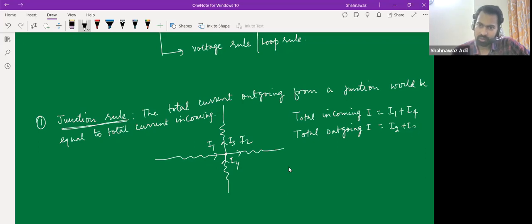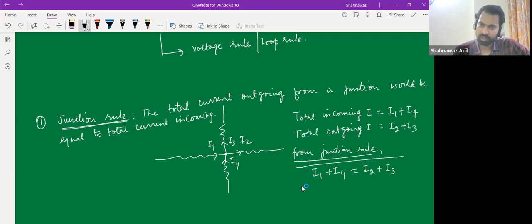So the junction rule says that I1 plus I4 would be equal to I2 plus I3. Okay, so this is the basic junction rule, right?